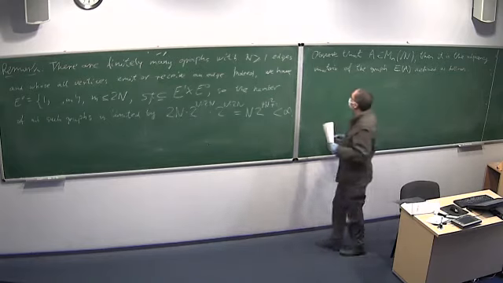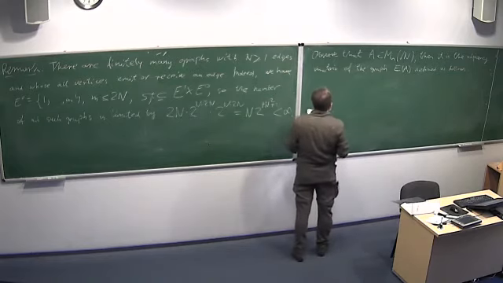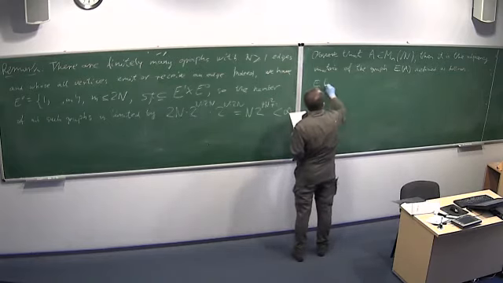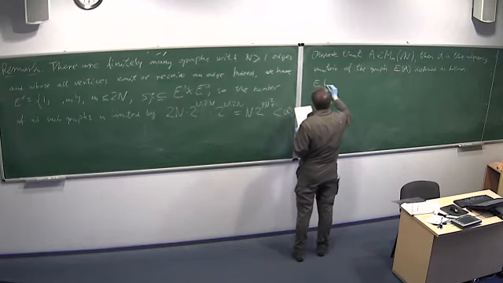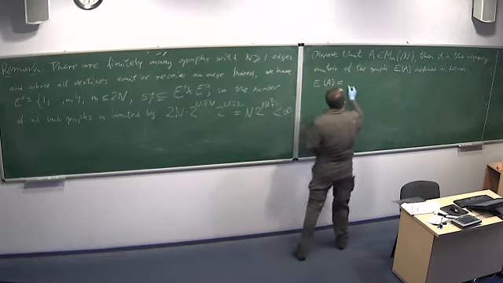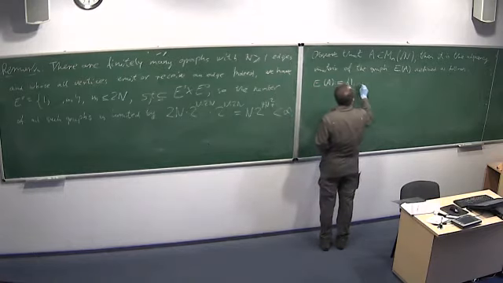So first, the set of vertices, sorry, is by definition the set of numbers from 1 to n.